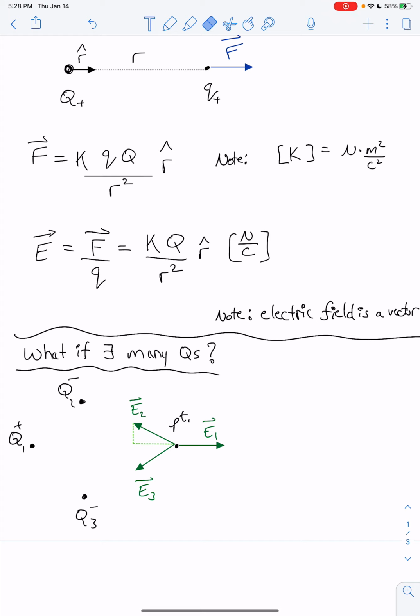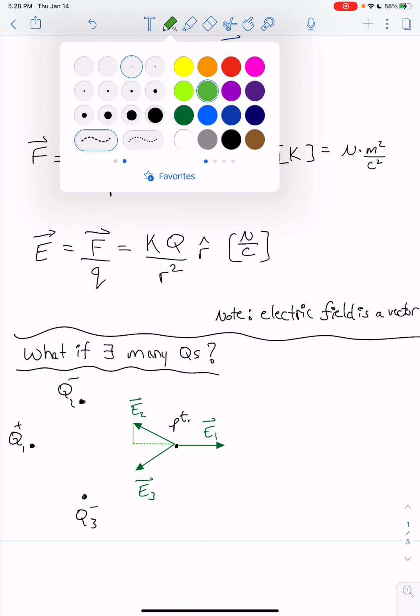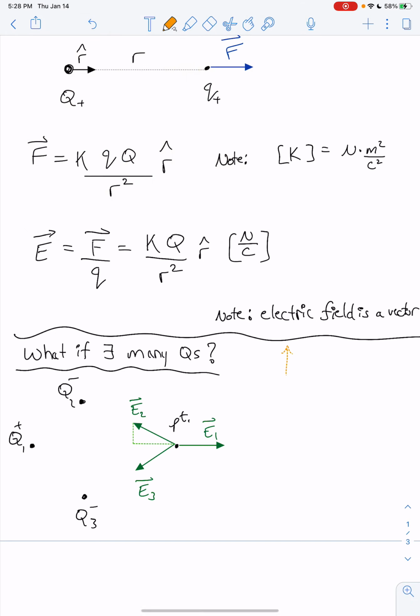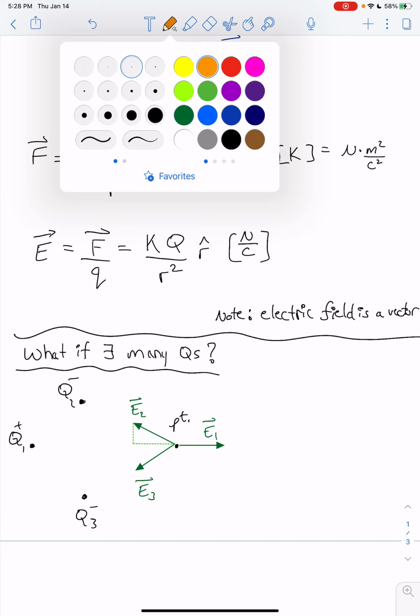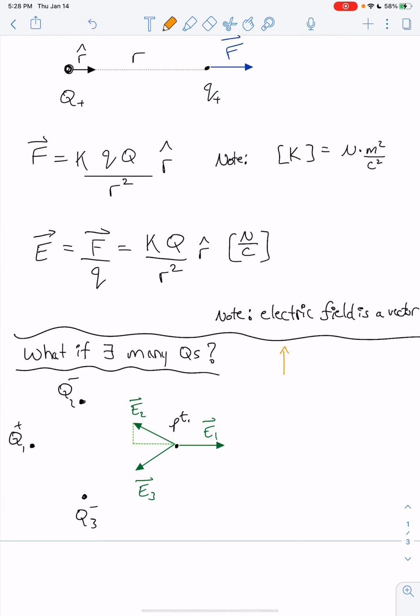Okay, so the idea there is that if we want to think about this in terms of components, if we were to draw a y-axis there, say this is y and this is x, our y component here from E2 is going to cancel with the y component of E3. And so they will have a resulting net electric field that is to the left.